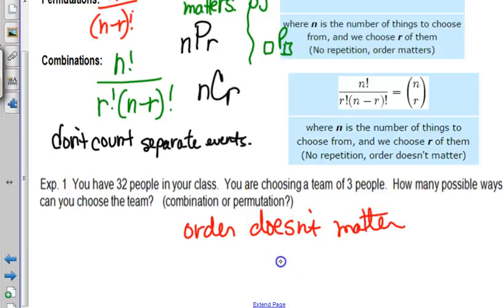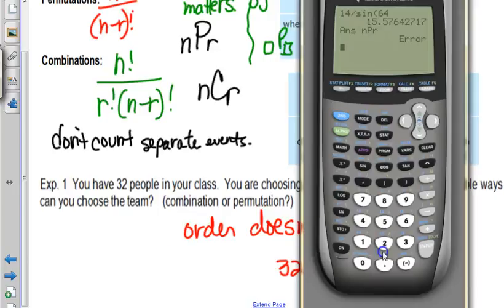So then it's going to be 32C3. 32, math, left, choice 3, 3, 4960. Someone else get that?